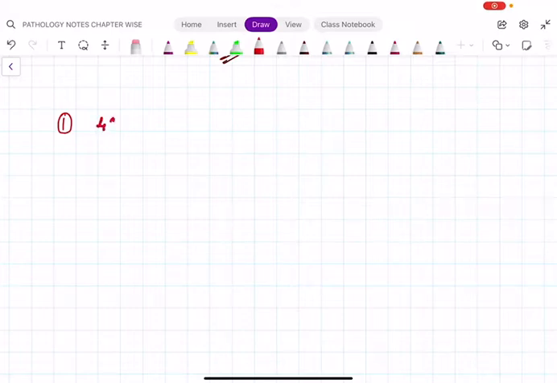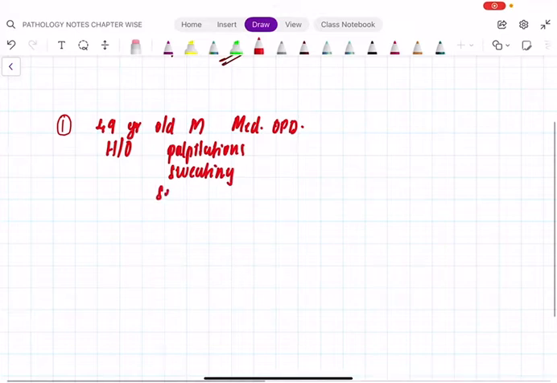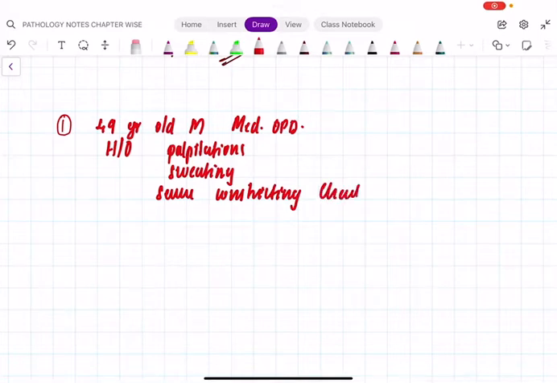A 49-year-old male comes to medicine OPD with history of palpitations, sweating, severe constricting chest pain. Severe constricting chest pain.